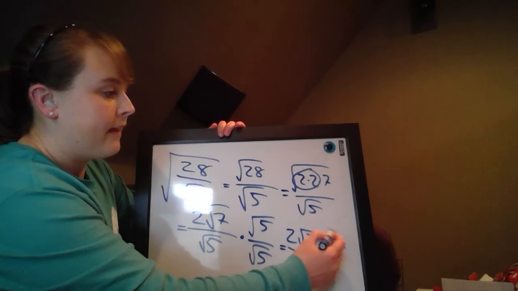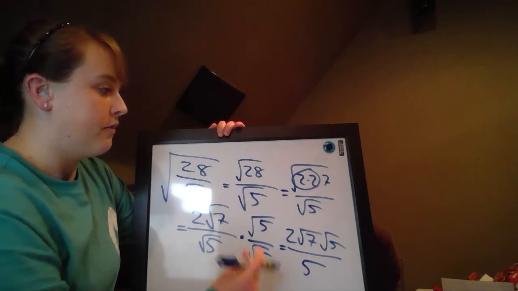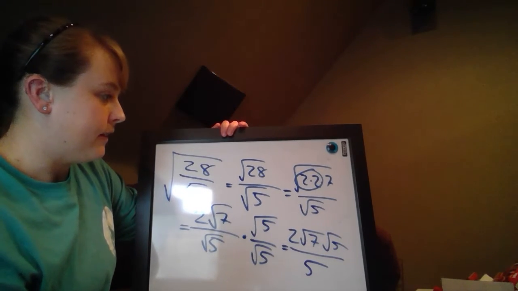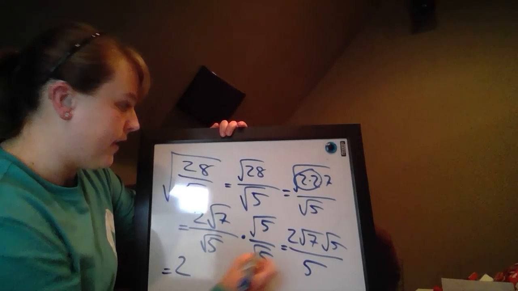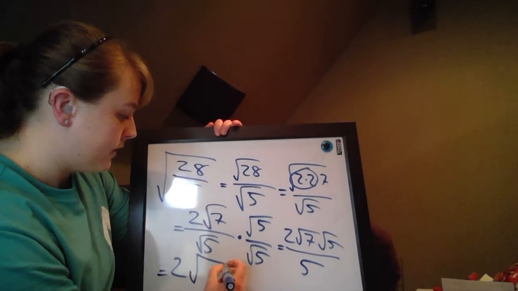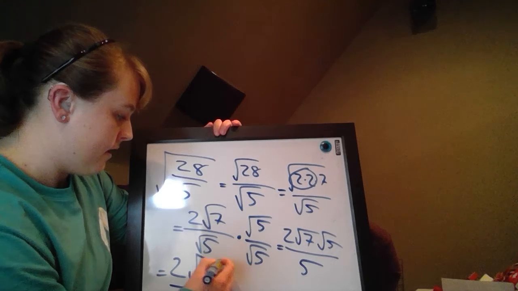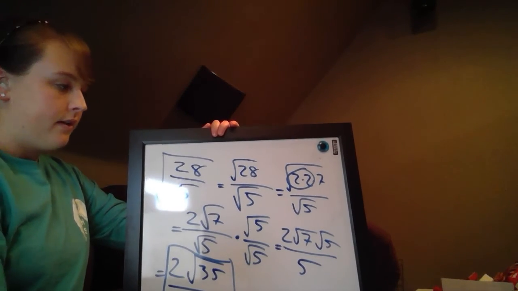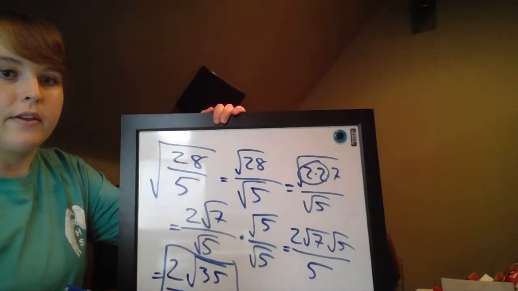We can combine these two radicals on the top under one radical altogether. So we have 2, and then 7 times 5 is 35. So I can go 2 root 35 all over 5. This would be the simplified version of the square root of 28 over 5.